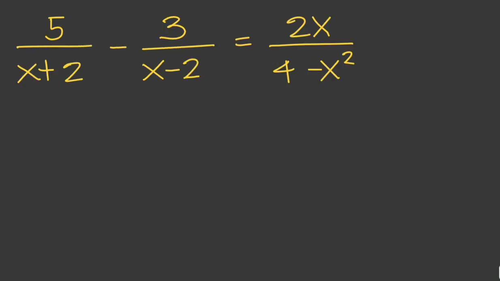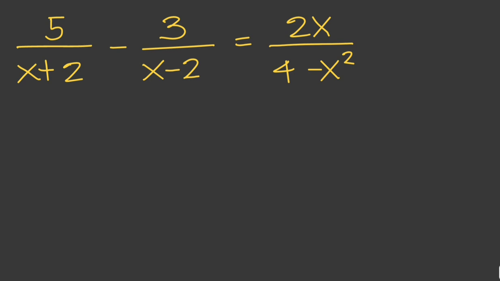How about if we're given this rational equation? So we have here 5 over x plus 2 minus 3 over x minus 2 equals 2x over 4 minus x squared. Notice here that the denominators are not only numbers, but they have variables. And not a monomial, but binomial.